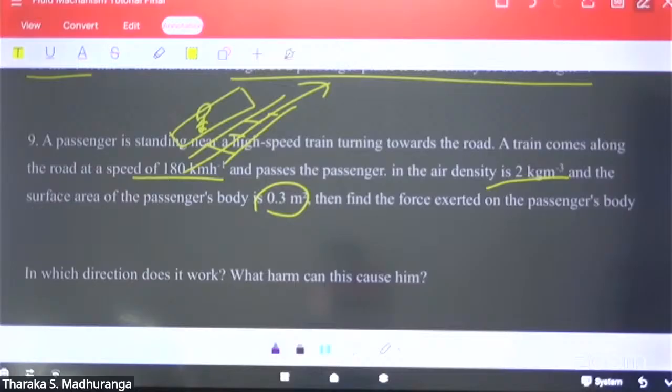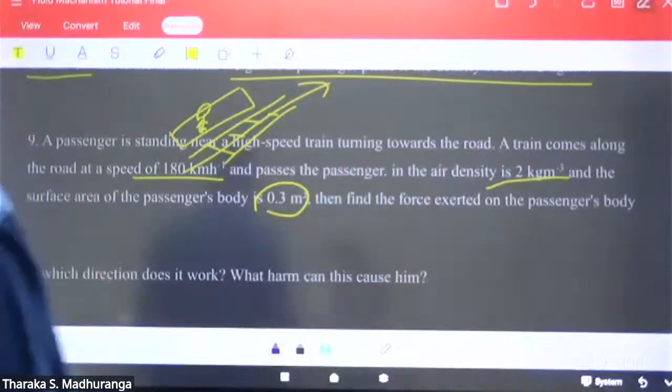Then pressure difference is equal to F over A. Quickly get this, I can give you 1 minute more.